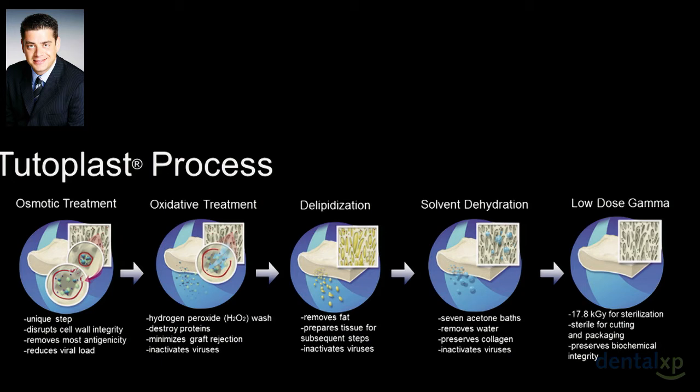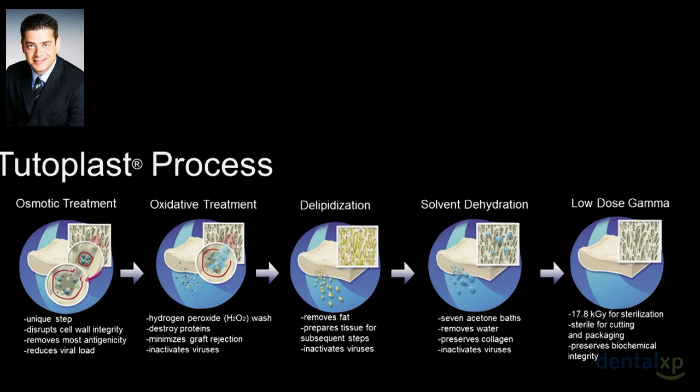And at the very end, the material is actually sterilized under low-dose gamma radiation. The big difference here is that collagen is preserved within the particles. We all heard today in different lectures that collagen is really important for early osteoblast attachment and further differentiation, proliferation, and new tissue formation.